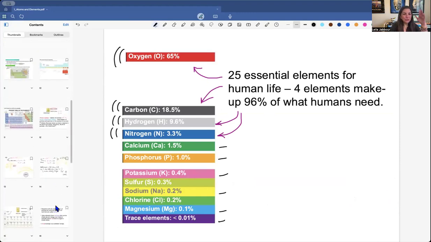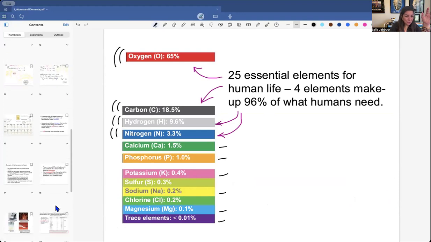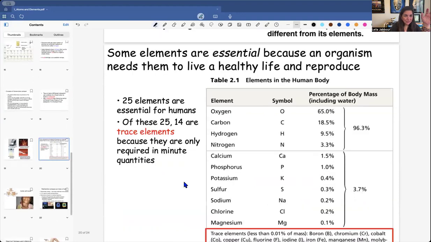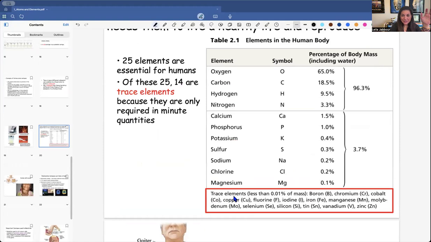So now, I should have moved that slide sooner, this one here, because the trace elements here are blown up and you can actually see what trace elements means. We're talking about boron, chromium, copper, fluorine for your teeth, iodine for your thyroid, iron in your blood, manganese, and selenium for the brain.